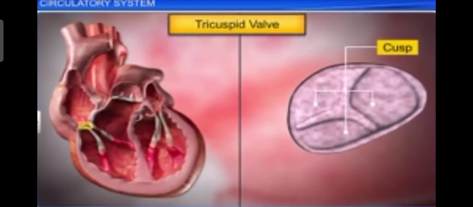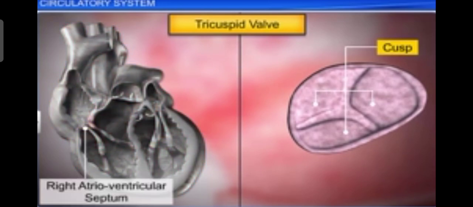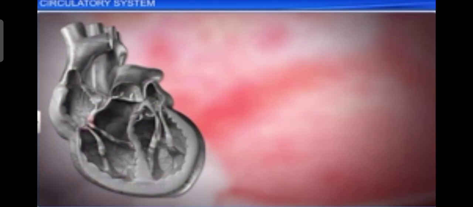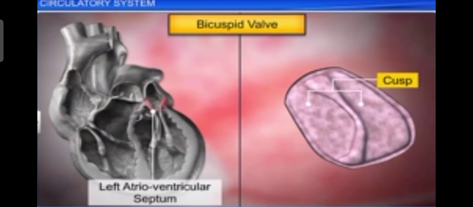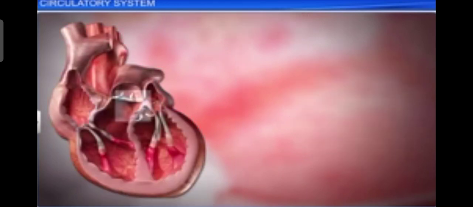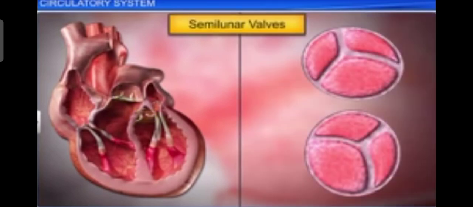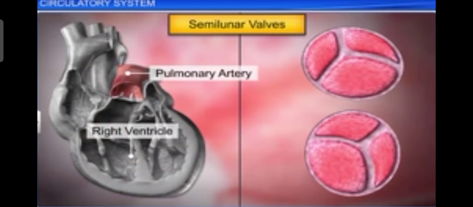The opening between the right atrium and the right ventricle is guarded by a valve formed by three muscular flaps or cusps, the tricuspid valve, whereas a bicuspid or mitral valve guards the opening between the left atrium and the left ventricle. The openings of the right and the left ventricles into the pulmonary artery and the aorta respectively are provided with the semilunar valves.